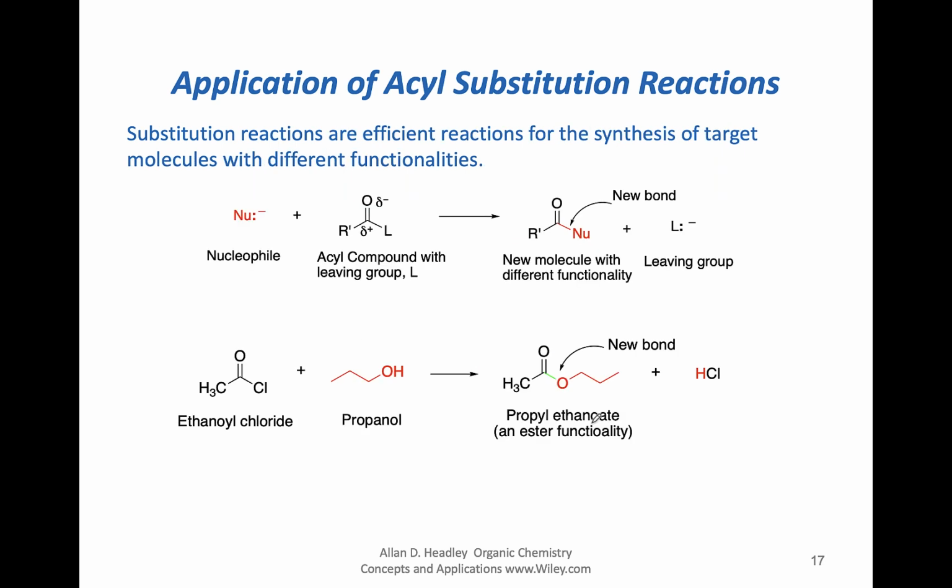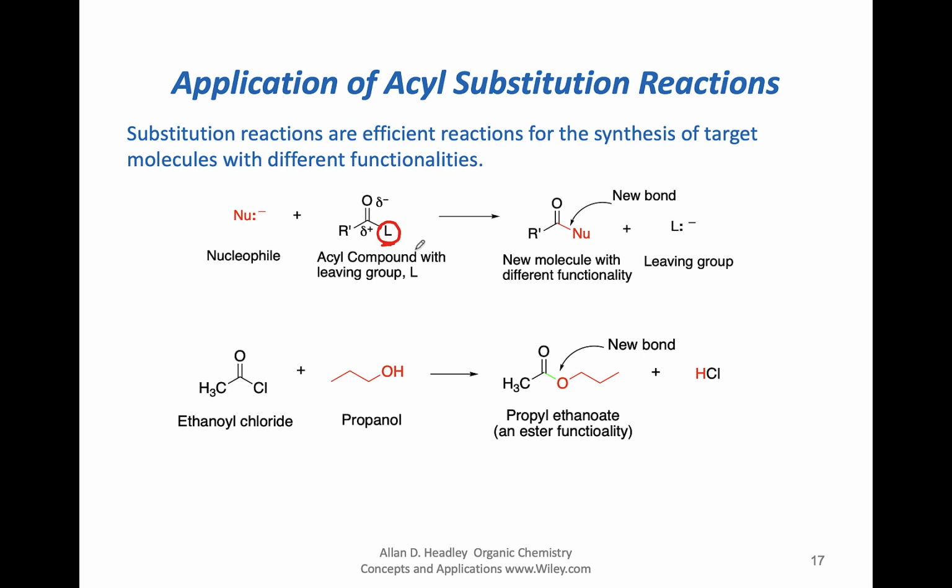Let us look at the applications of these reactions now. So what we have done throughout this chapter is we've been studying acyl compounds with different leaving groups. As we said, it's of synthetic help or usefulness if this leaving group is a good leaving group, such as the chloride.